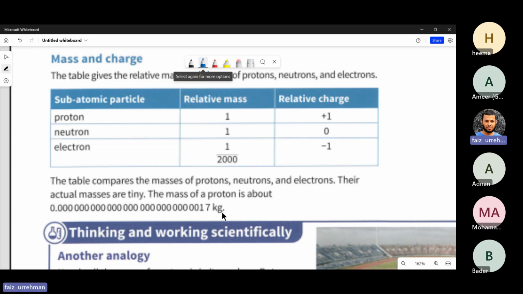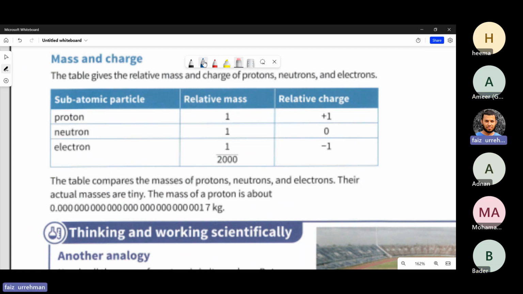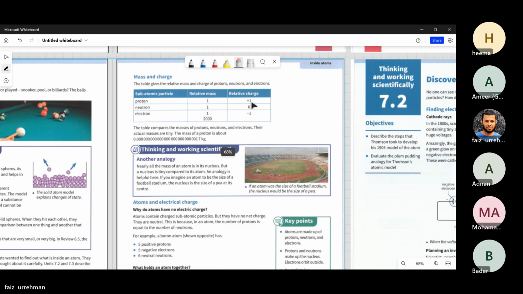That even the protons are so tiny and lightweight, but even 2000 times lighter than the protons are what? Electrons. This number divided by 2000, this number further divided by 2000, you will get something very tiny.